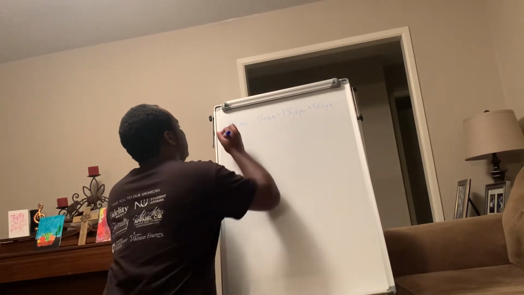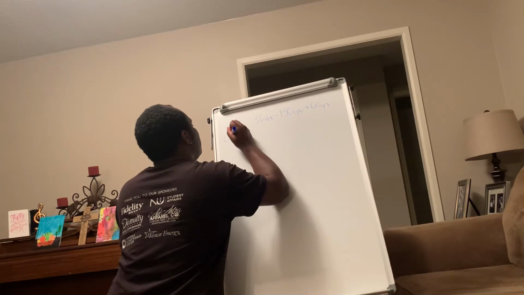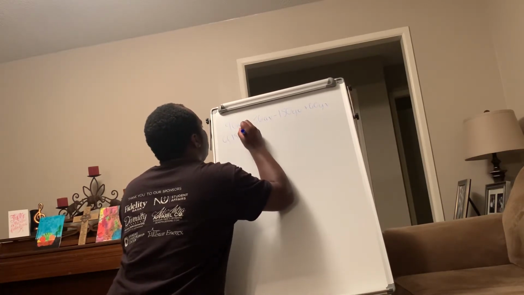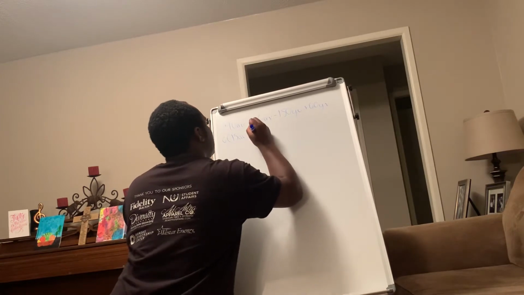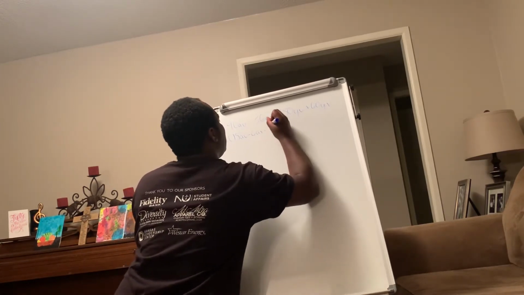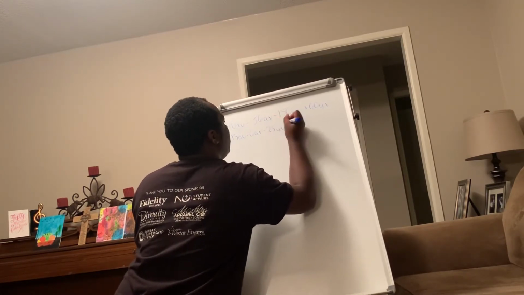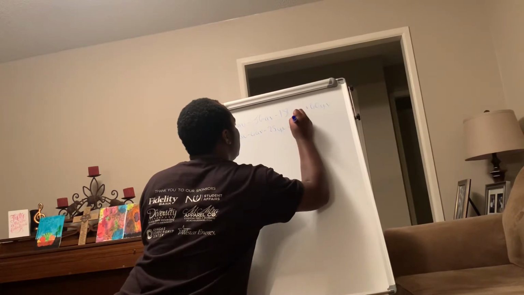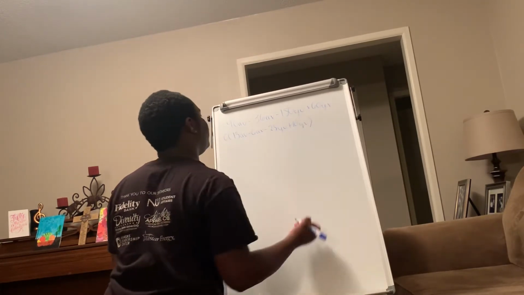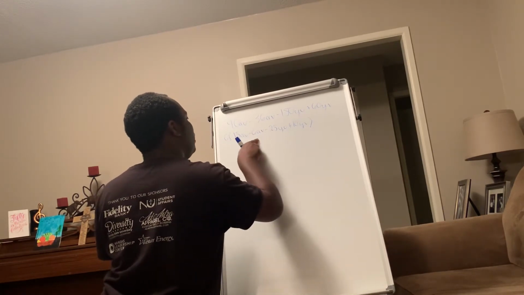So I'm gonna do 6, 15au minus 6av minus 25yu plus 10yv. Okay, now same thing, I'm going to see what do these two have in common.